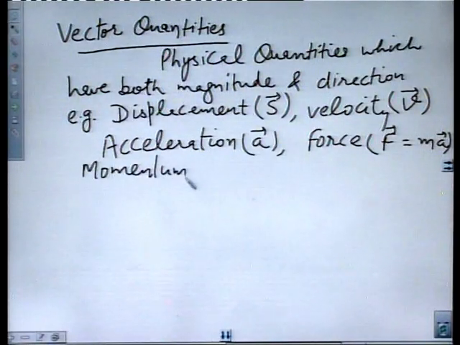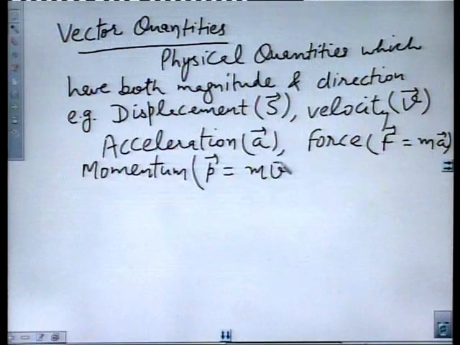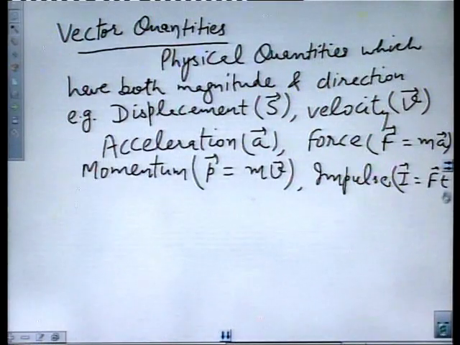Momentum, P vector. This is equal to product of mass and velocity. Impulse, I vector is equal to F into T, force vector into time.